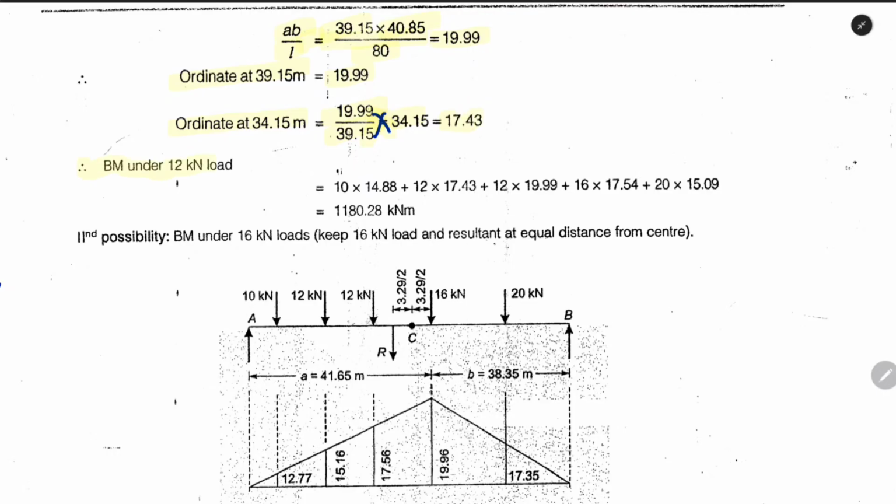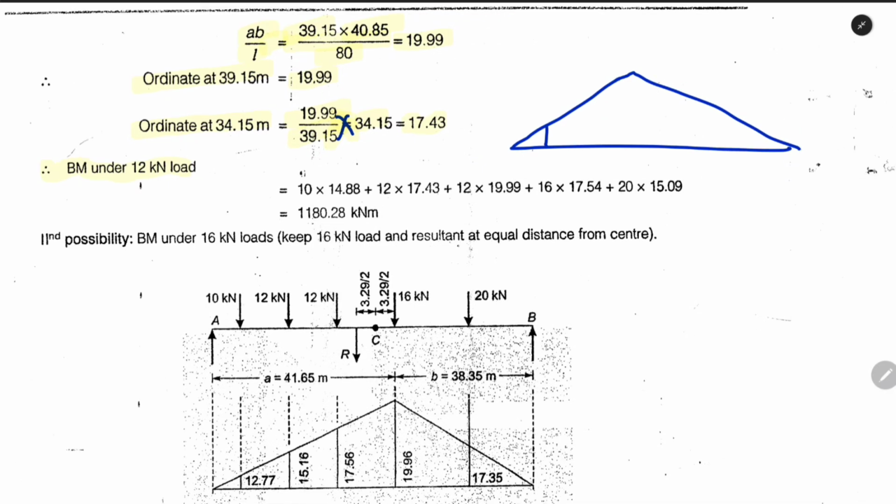So for the bending moment under the 12 kilonewton load, basically we get this. Under the 10 kilonewton load the value was 14.88.